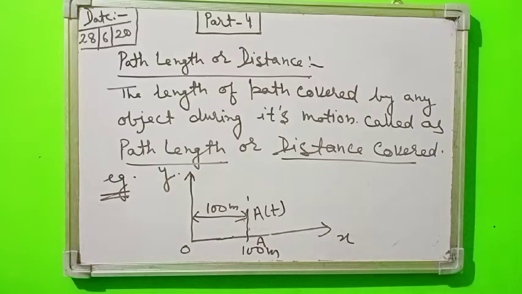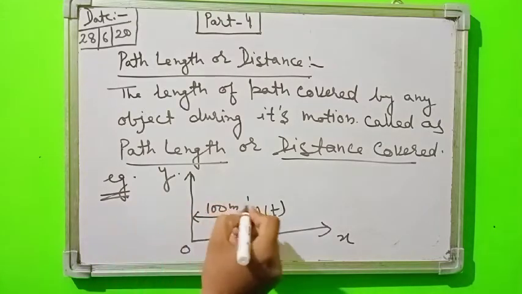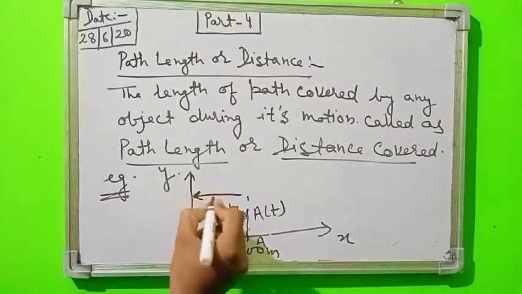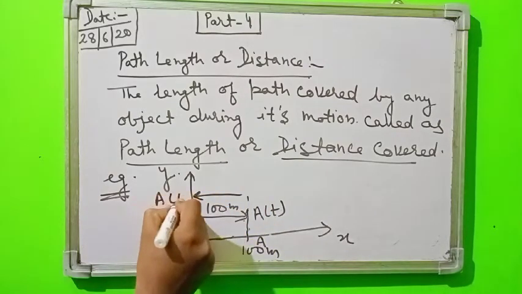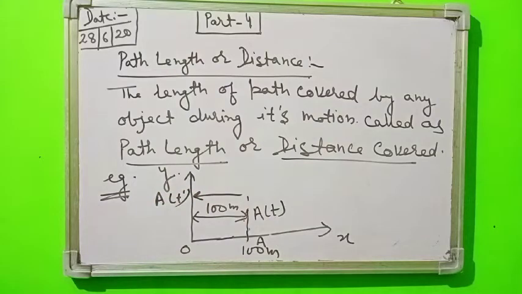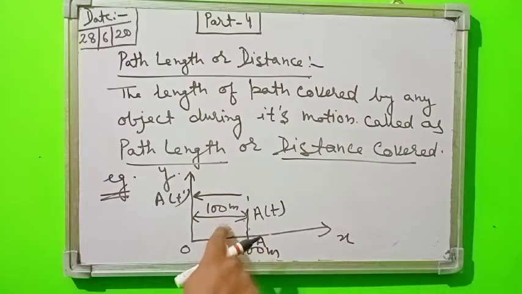Now if the object returns back to the origin in time t dash, after going there it returns back to the origin, then the total distance or path covered by the object is 100 plus 100.